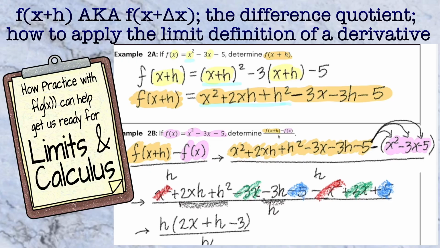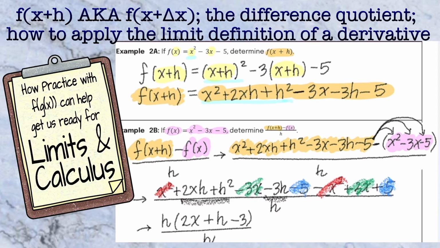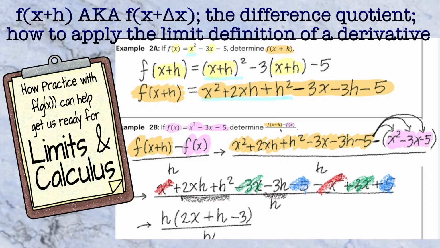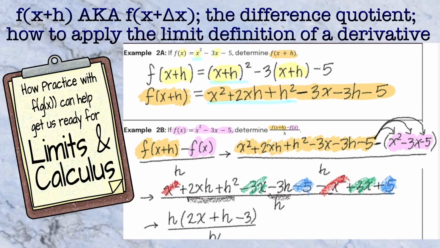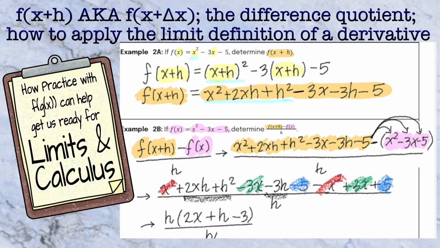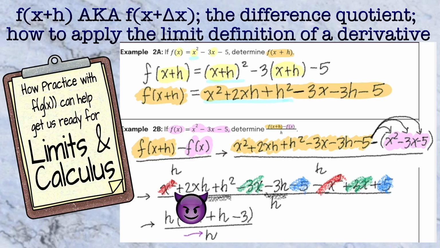Now, this h in the denominator, this h is a problem. Why is he a problem? Well, as mentioned before, he's the devil.